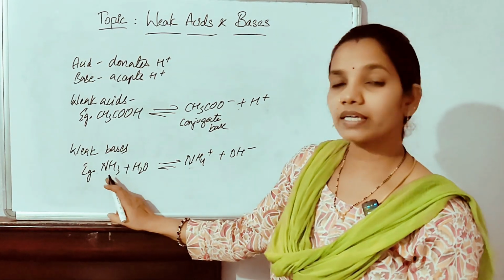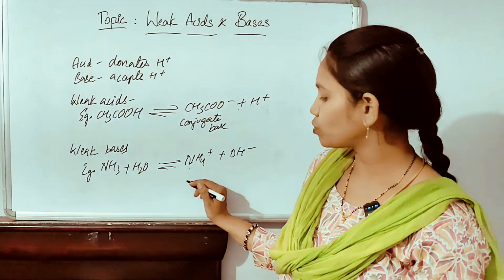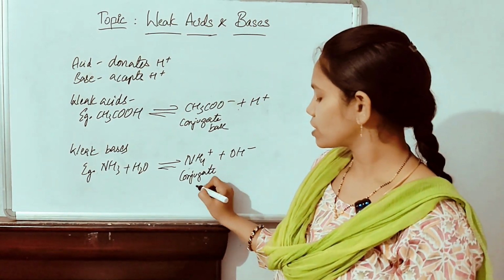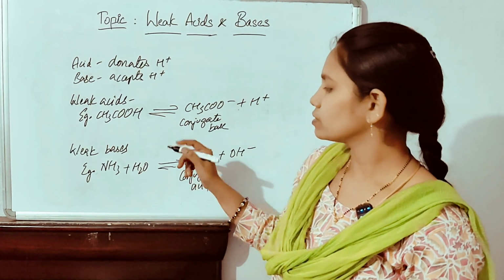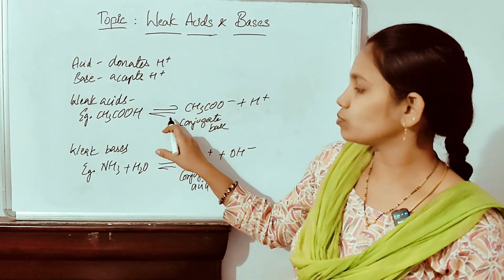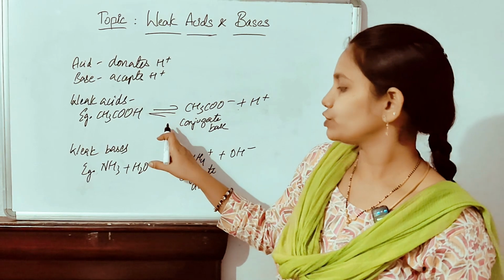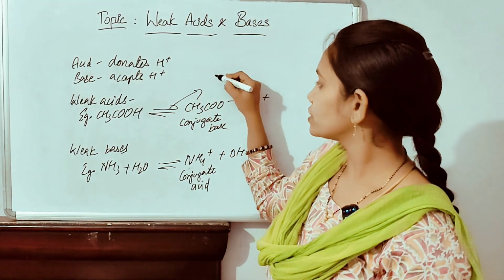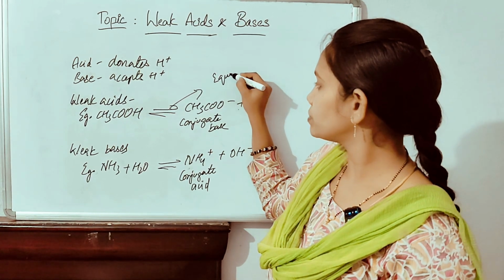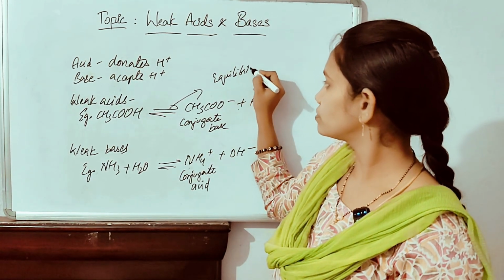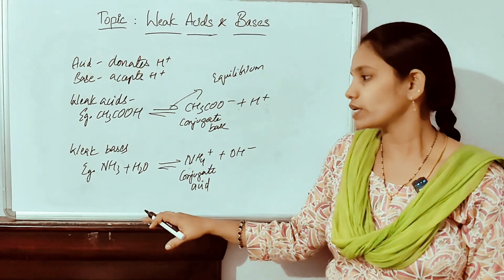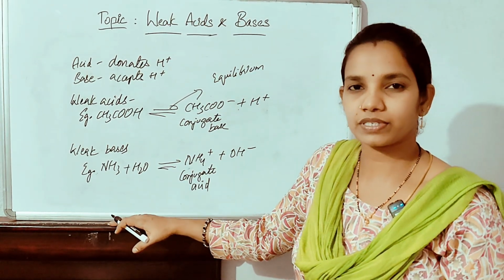So here ammonia is acting as a weak base and ammonium ion is acting as a conjugate acid. So in both the reactions you see a double arrow, right? This shows equilibrium, meaning the reaction goes both ways and it doesn't go to completion.